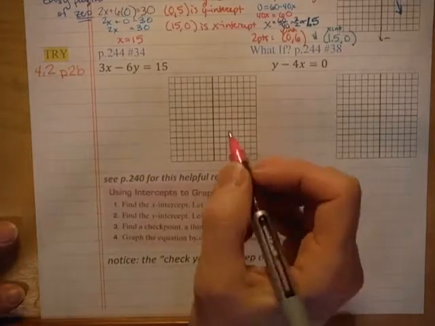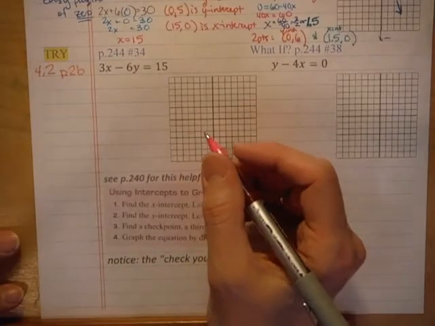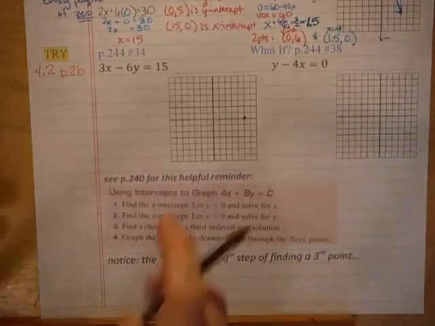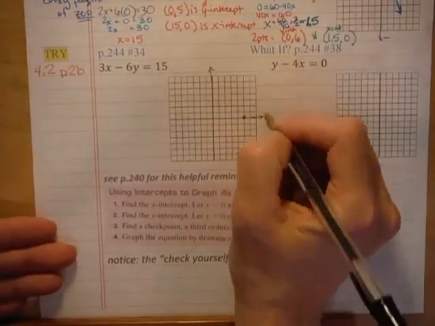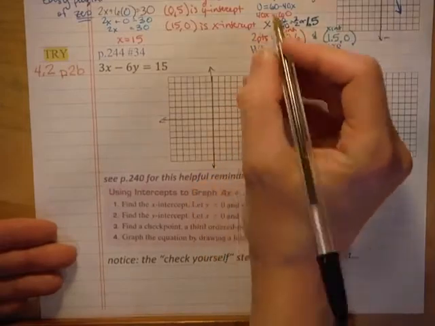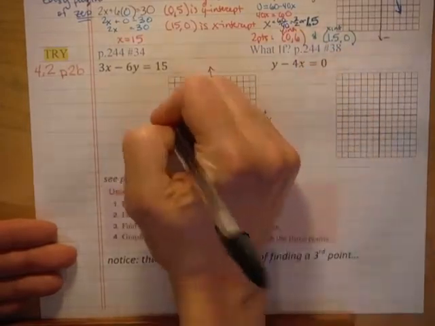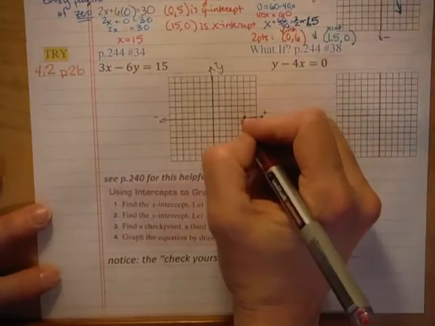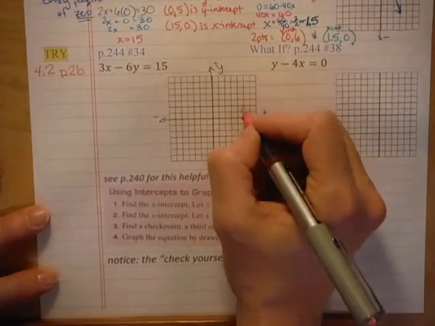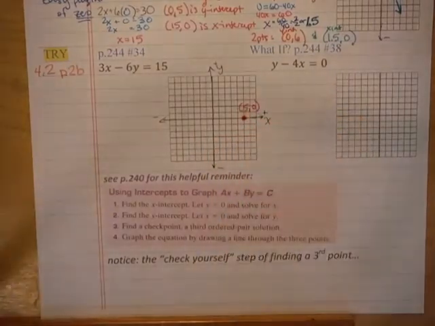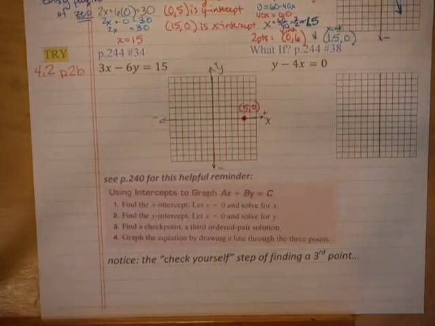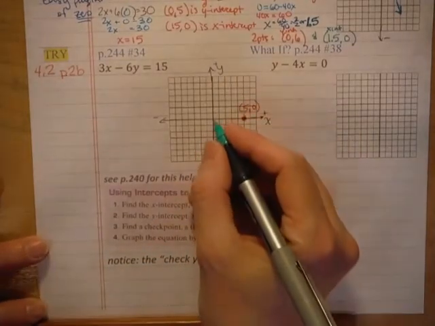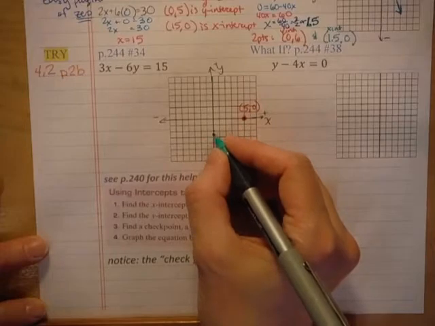Okay, so you should get an x-intercept of (5, 0). And again, I think I'll back up just a bit and emphasize these x and y axes here. And then you should get a y-intercept of (0, negative 5 halves), or negative 2.5 here.